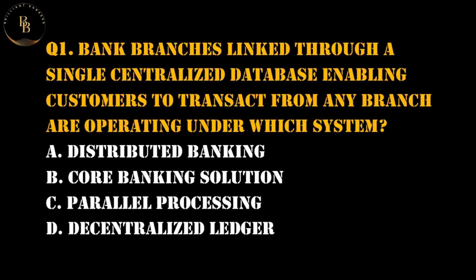Bank branches linked through a single centralized database enabling customers to transact from any branch are operating under which system? Is it distributed banking, the core banking solution, the parallel processing, or the decentralized ledger?